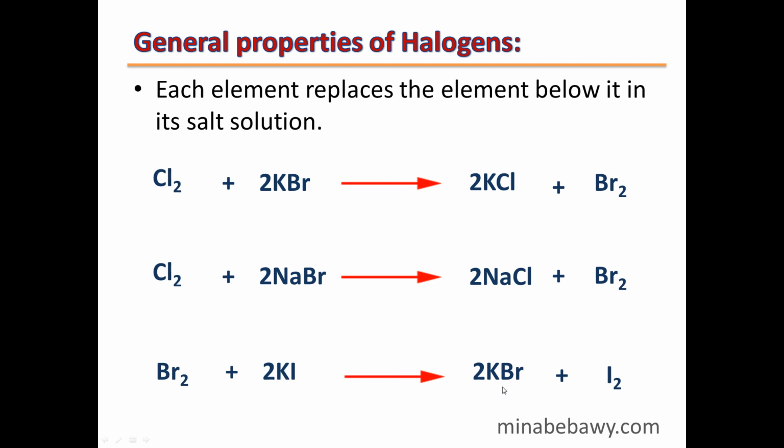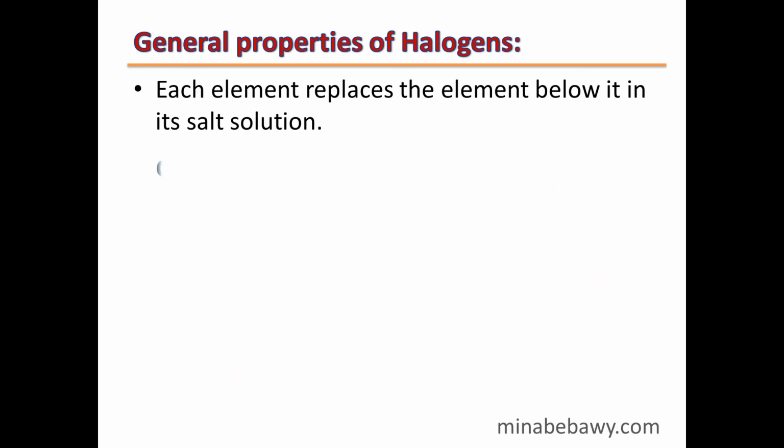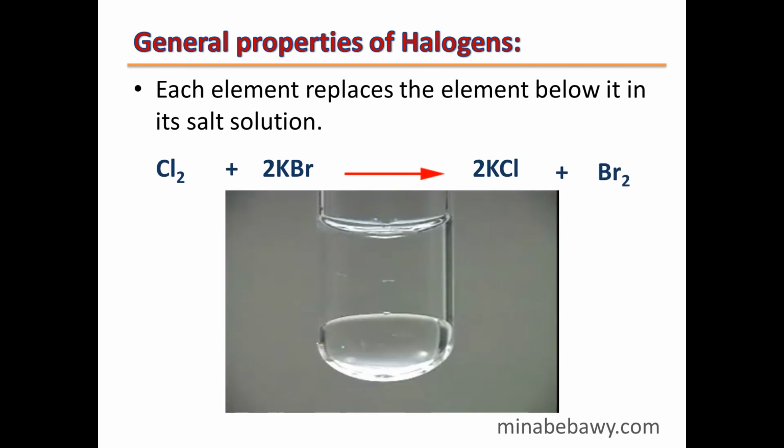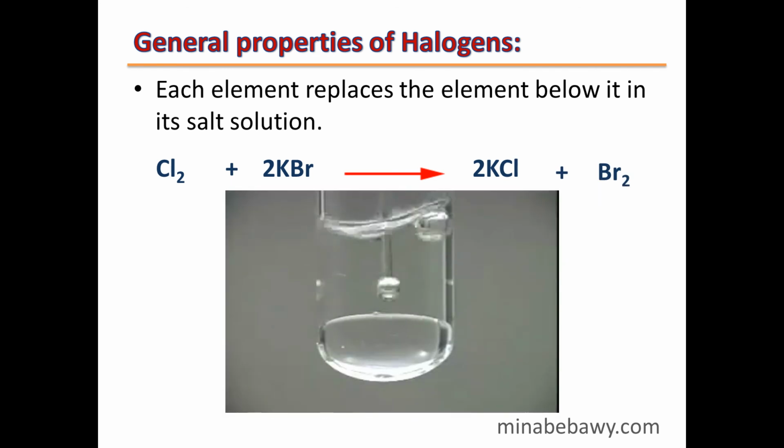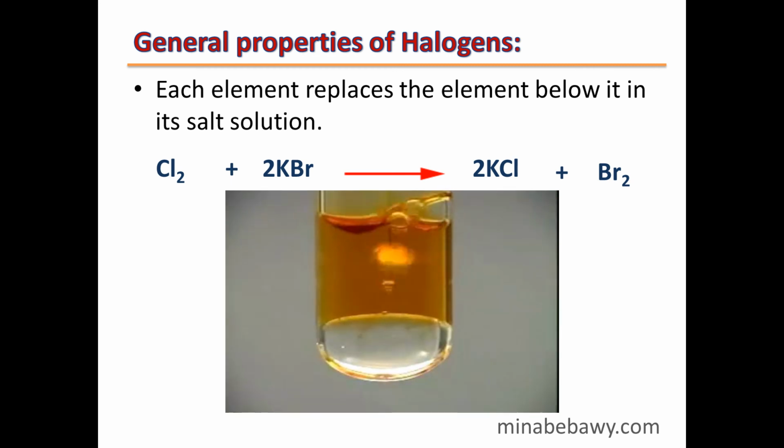So we will get potassium bromide and iodine. In the reaction of chlorine with potassium bromide, chlorine can replace bromine because bromine is less active than chlorine. As you can see, this brown color is the color of the formed bromine.